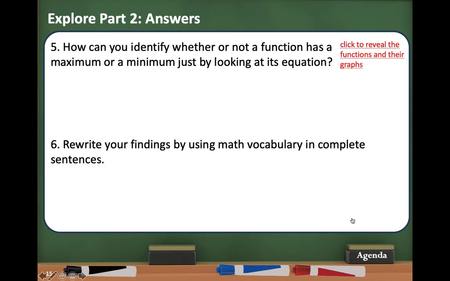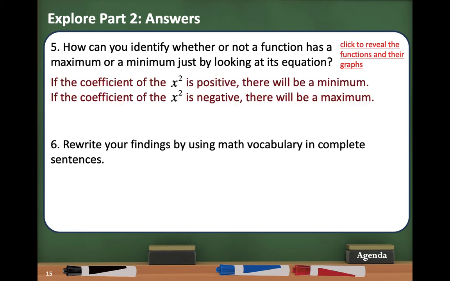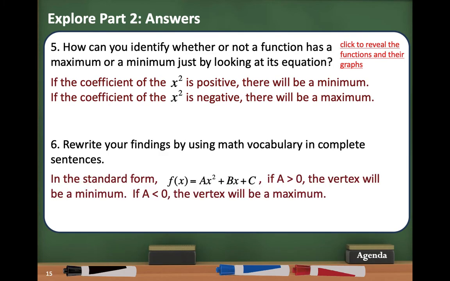All right, let's return. So, how can you identify whether or not a function has a minimum or maximum? This is the notes you would take. If the coefficient of x squared is positive, minimum. If the coefficient of x squared is negative, it's a maximum. That's what we just kind of noticed. Now, there's a way to do it with more of a math vocabulary, which I did right here. We talked about this last week.